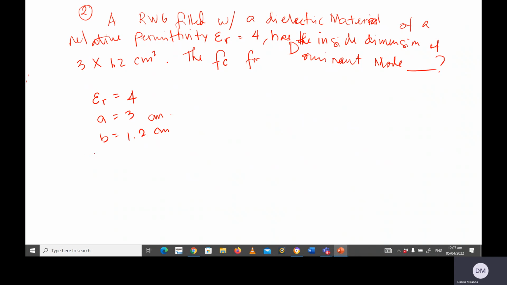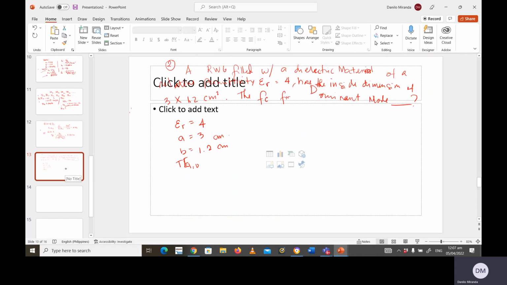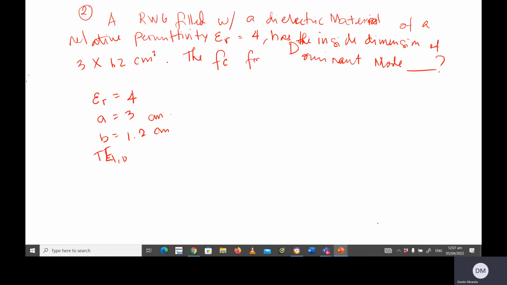And the dominant mode, TE10. Your M is equal to 1 and this is your N.